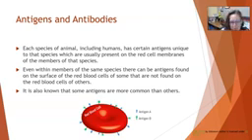Even within members of the same species, so within humans, there can be antigens that are found on the surface of red blood cells of some that are not found on the red blood cells of others. And there are some antigens that are more common than others. So the ones that are the most common are the A and B antigens in the ABO system, and the Rh antigens, which are actually D, E, and C antigens, and little d, little e, little c antigens in the Rh system.